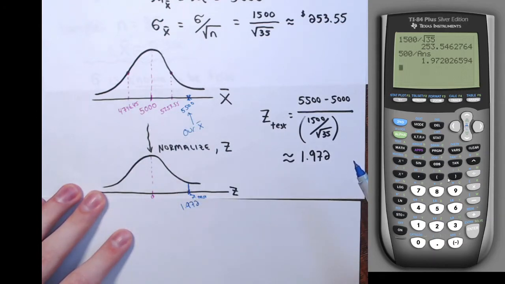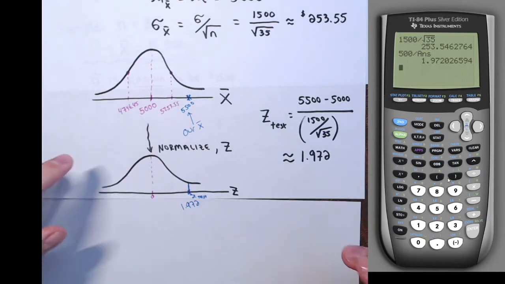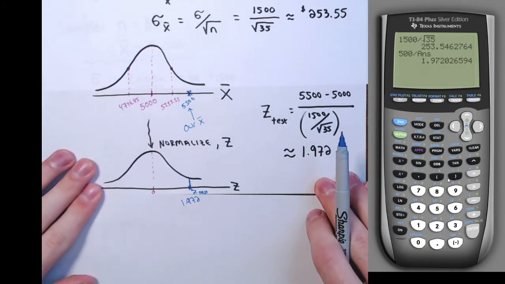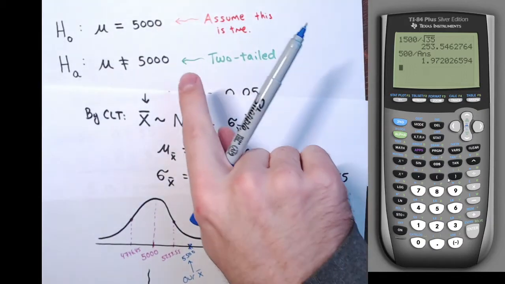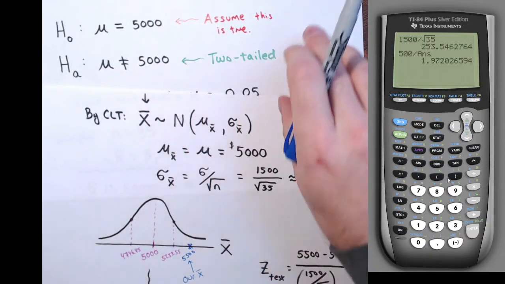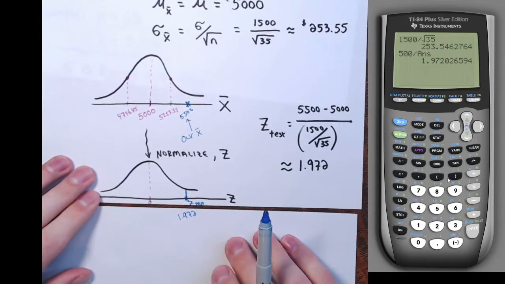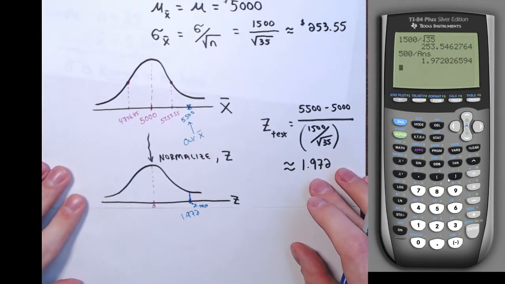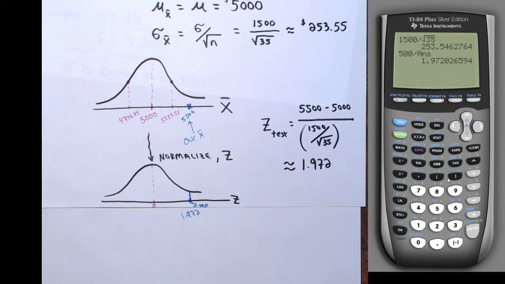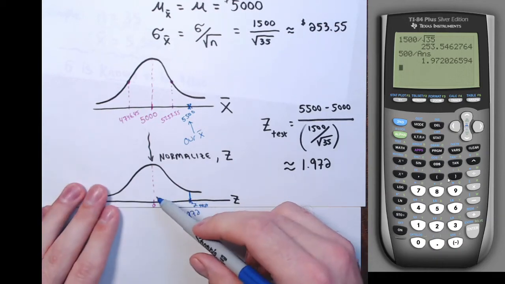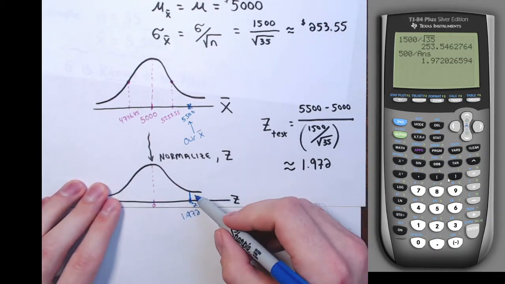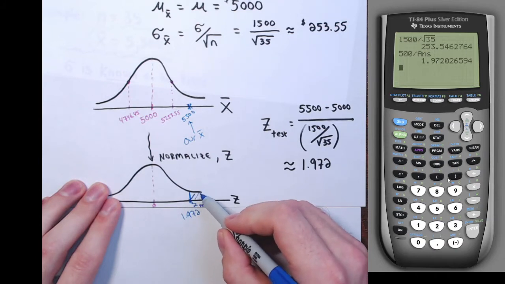Now we'll decide if that's too far away or not by comparing our p-value to the significance level. Now remember, this was a two-tailed test. Remember back here, this was a two-tailed test. So to calculate the p-value, remember our test statistic is above the mean, and if that's the case, you take the area to the right.